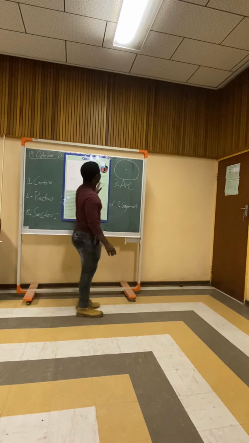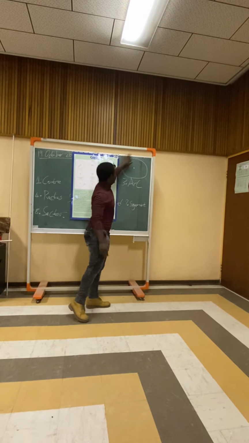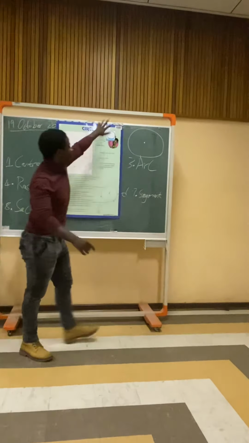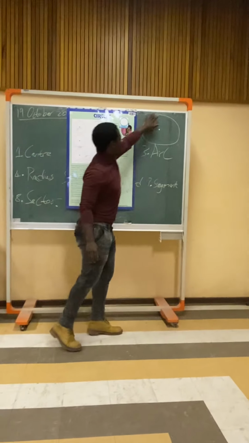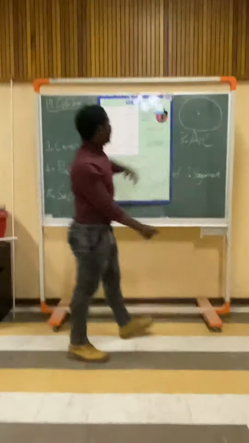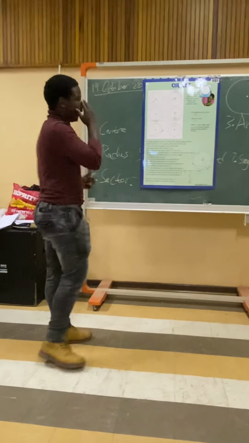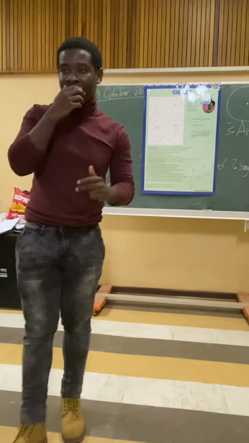So when you look at this circle, you identify the circumference by looking at the circle that is drawn. The outside line or border of the circle, we say it's the circumference. Is that right, class? Yes.